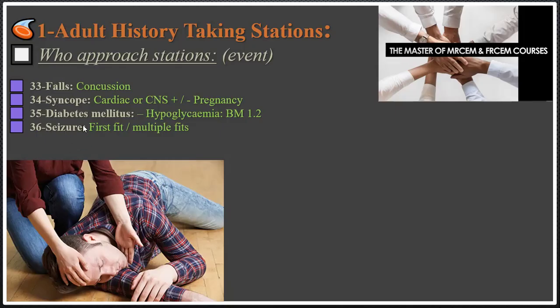Seizures, if first fit or multiple fits, the decision is discharge, if the patient has no worrying symptoms and no worrying signs. Worrying symptoms: he says, I am comfortable now, no weakness, no numbness, no vision problem, no headache. The patient is okay now. He did not wet himself. He did not bite his tongue. Everything normal.